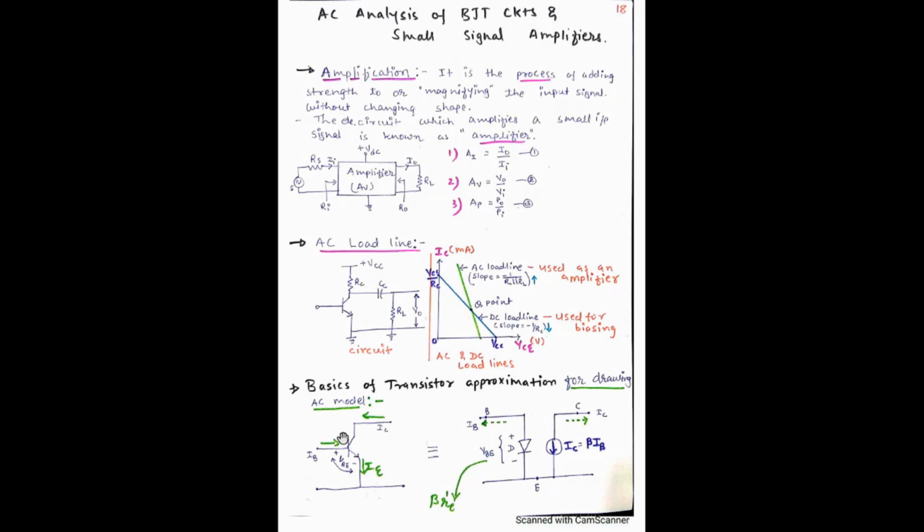So students, it is very necessary to understand this fundamental of transistor approximation. Keep in your mind that the transistor on the input side behaves like a diode and on the output side behaves like a constant current source. So we can draw the equivalent circuit like this.